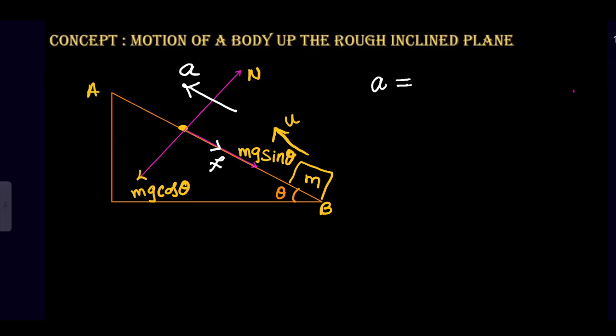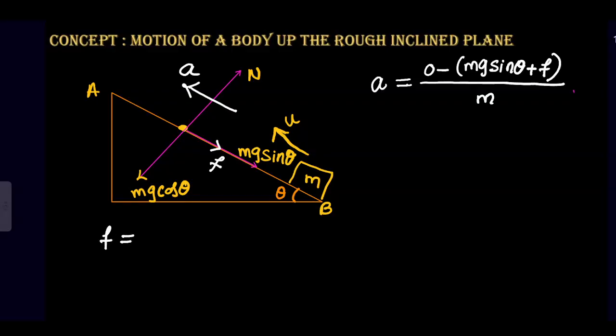So what is the acceleration of the body? It is 0 minus mg sin theta, minus the friction f, where f is friction.